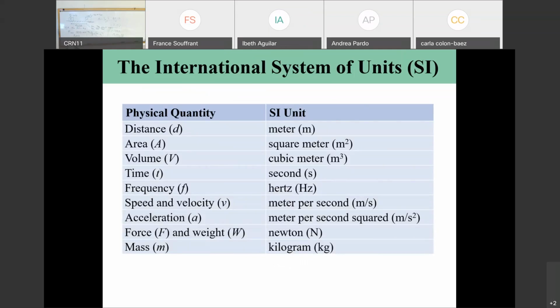Remember that table there, for distance, so it's just a recall of what we did before. For acceleration is meters per second squared. For force and weight, obviously they both are forces, the units are newtons. And for mass is kilograms. So those are the units that we're going to be using, and time in seconds. That's why in the problem that I did before, we changed hours to seconds.